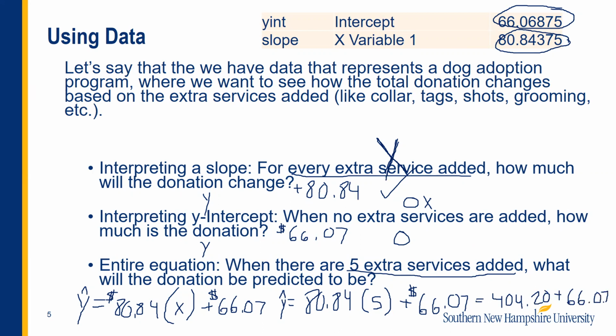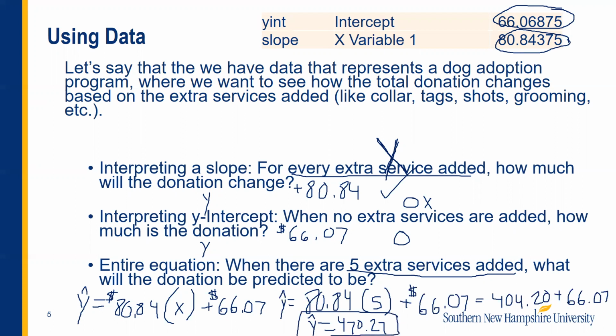And after we add 66.07, our prediction for Y with 5 services is $470.27. So every time a service is added, they donate about $80.84, and that lets us predict that if they get 5 extra services, then they're going to donate $470.27. So this is how we use that equation.